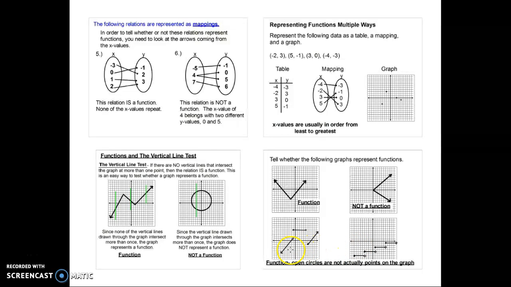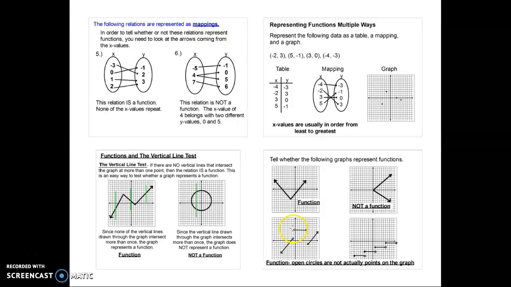If you notice on the graph, part of this has an open circle. So right here is an open circle in the graph, and then these are closed circles. If it is an open circle on the graph, that means it's not actually a point. So it's just shown, but it's not an actual point. So when I go to draw my vertical lines, it looks like this vertical line here would actually be crossing my graph twice, but it's not.